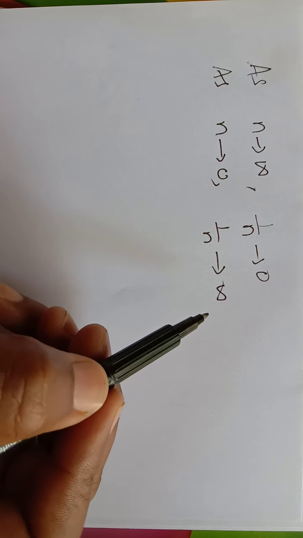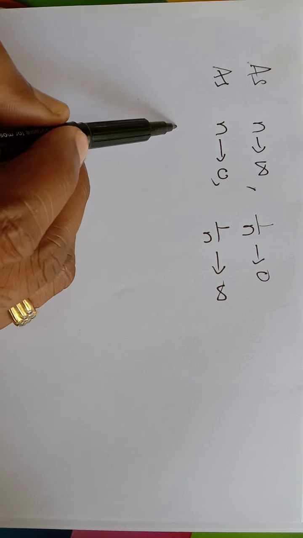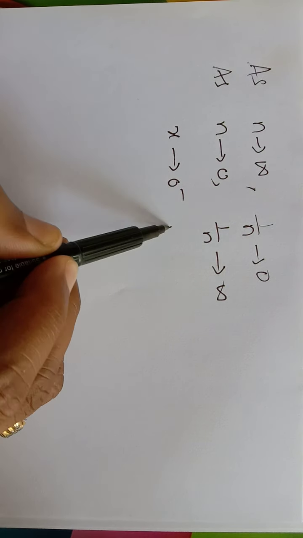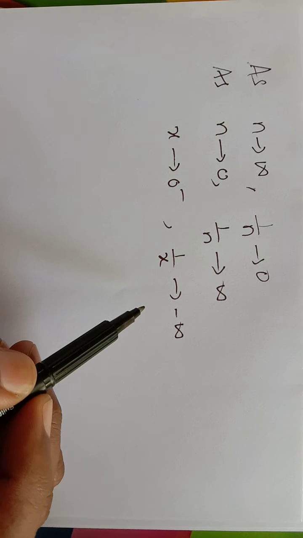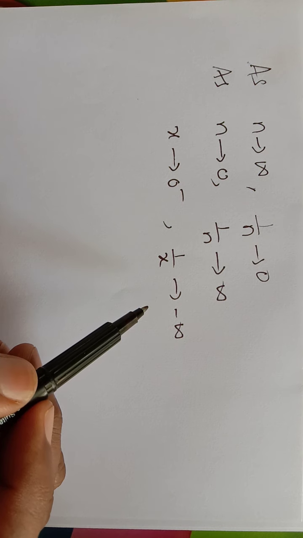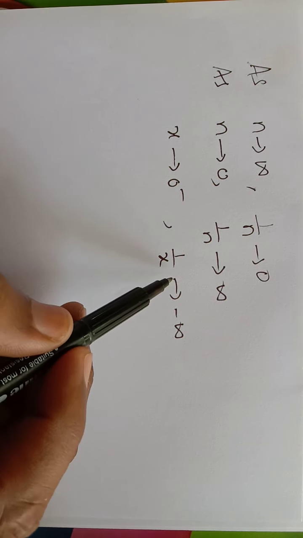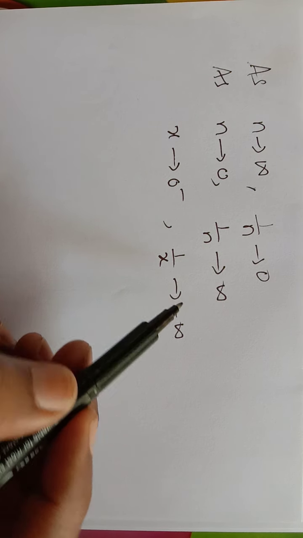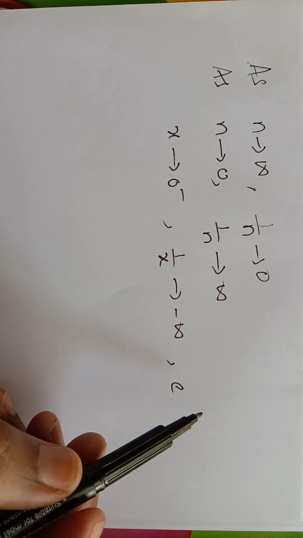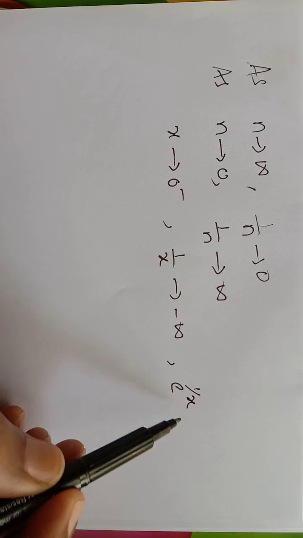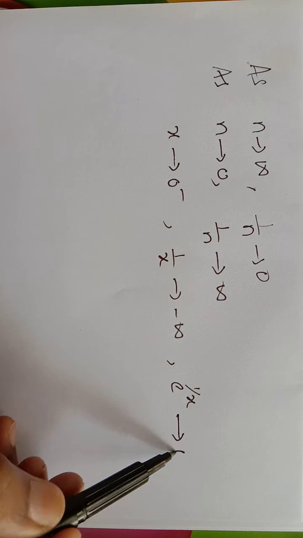With these two results, I can say that as x tends to 0 minus, 1 by x approaches minus infinity, because when it approaches through negative values, it approaches minus infinity. So e power 1 by x, that is e power minus infinity, approaches 0.